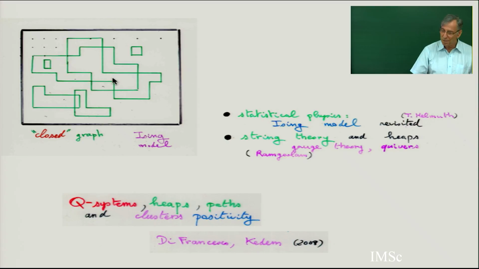But the path must be non-backtracking, because if you have a path and you go back on the same edges, then it's not going to give you such a picture. And in the paper by Helmut, in fact, it's strongly non-backtracking. It's more than non-backtracking, so there is some more work to do.